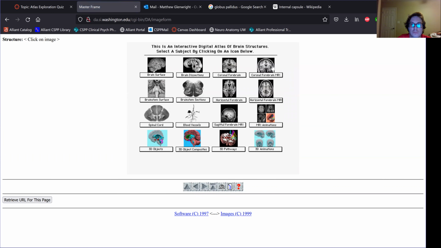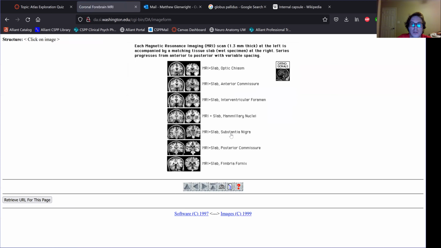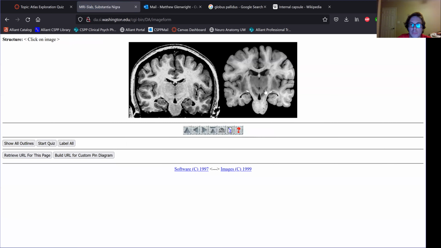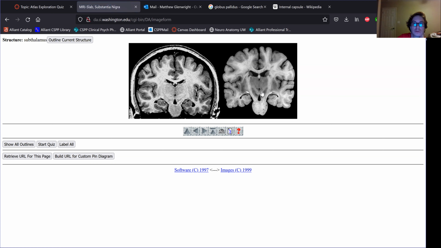I don't know if it's actually midbrain or not, but I do know that we can easily find it this way. Basically, it's inferior to the hypothalamus. So like we were saying, the subthalamus and the thalamus is right here. Your substantia nigra is right in here. And it kind of wraps around the third ventricle. It's pretty much right around the third ventricle, just like the hypothalamus.